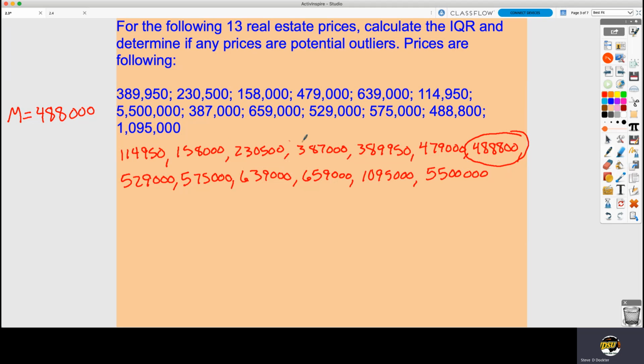So if we look at this, we've got 6 numbers here. The median of this would be these two. So when you have 2 middle numbers like we do here, to find your first quartile, we're just going to add these 2 together and divide by 2. We're going to find the average of those 2.